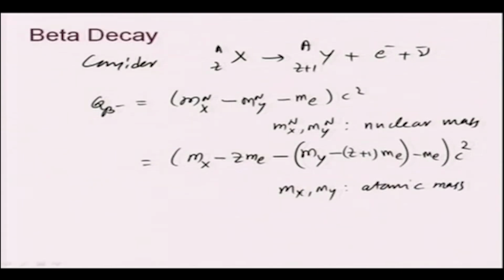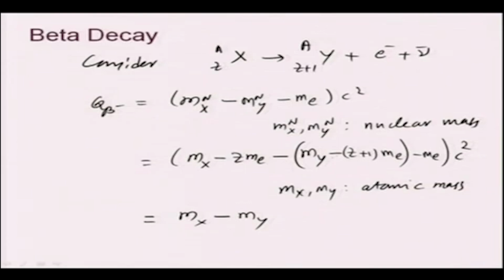We want to write it in terms of the atomic masses because usually that is the one which is provided when measured and provided. So, in terms of atomic masses, it is m_x minus m_y, minus Z m_e plus (Z+1) m_e.